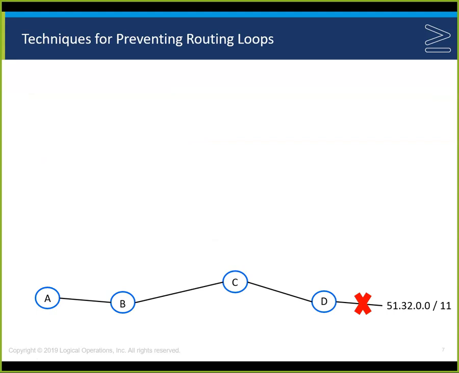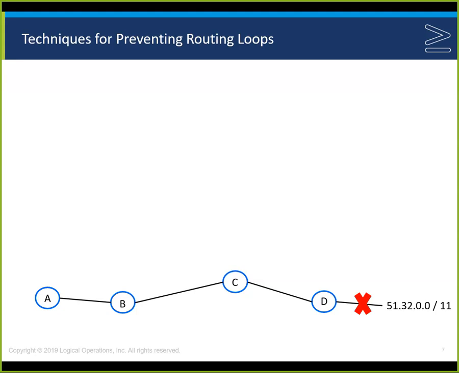The routing loops issue really is kind of a RIP thing, although it could happen with the others. Routing loops could happen because things don't get updated immediately sometimes, especially in RIP. RIP v1 is a broadcast protocol.